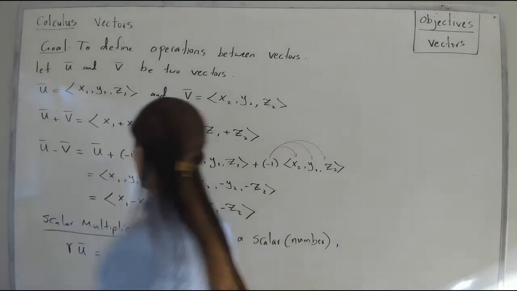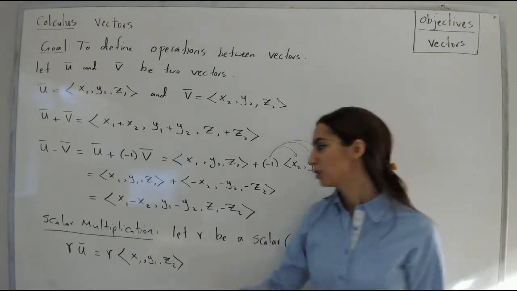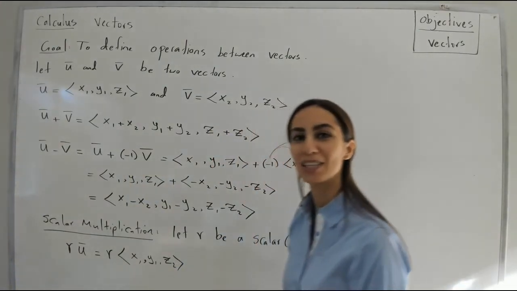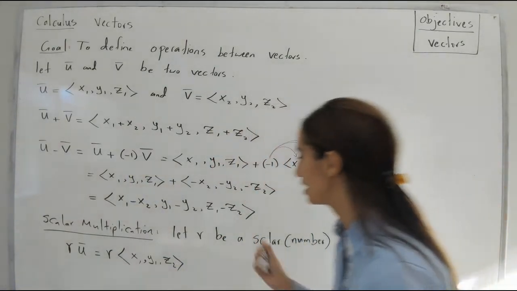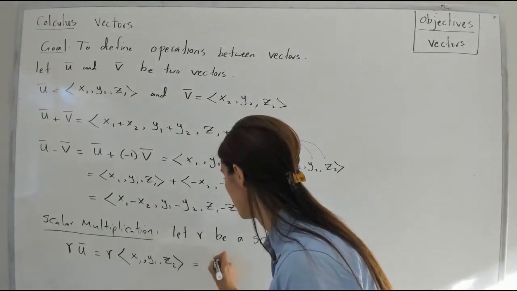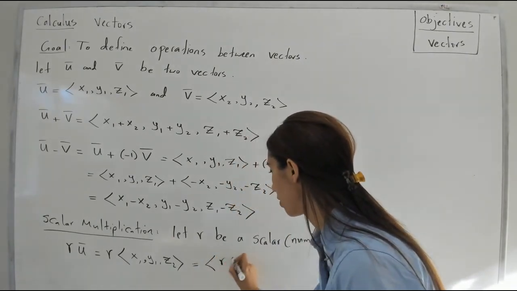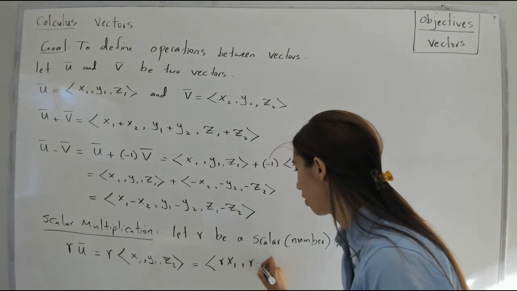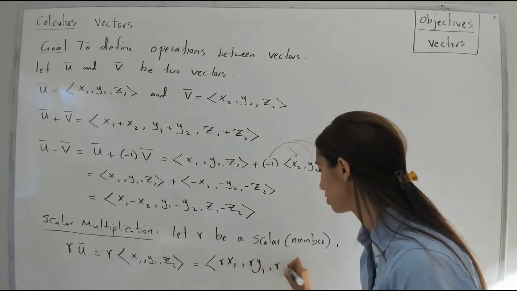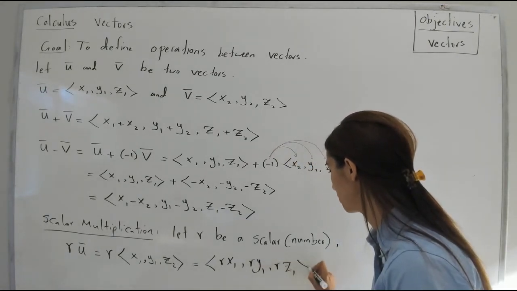So as I mentioned, in a sense, you're distributing R, your scalar, into the components of the vector. So here you have a new vector, R times x1, R times y1, and R times z1.